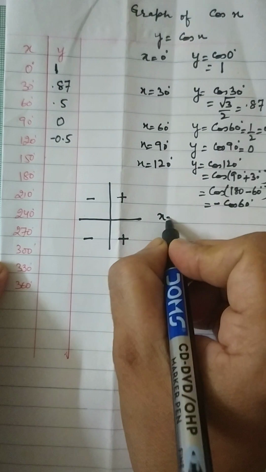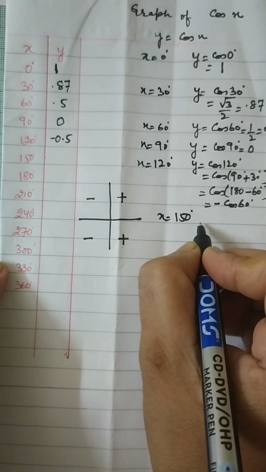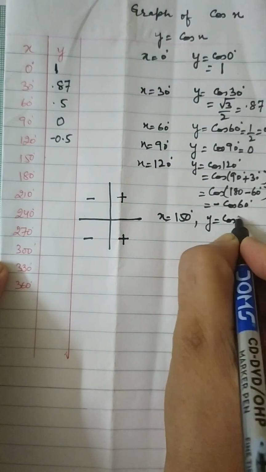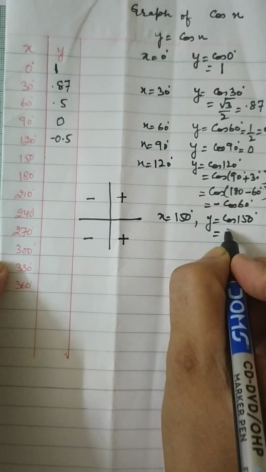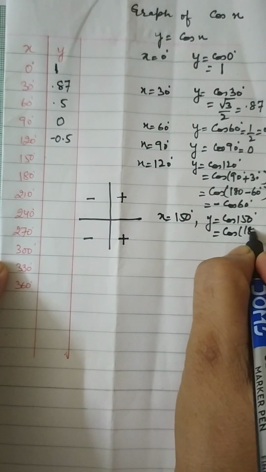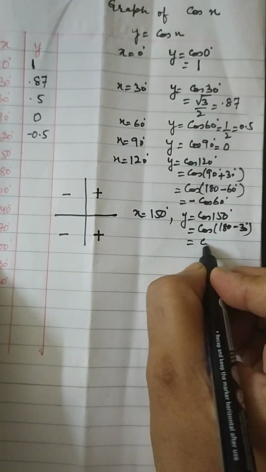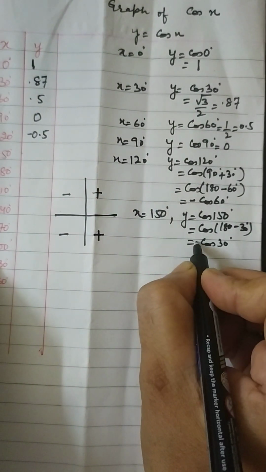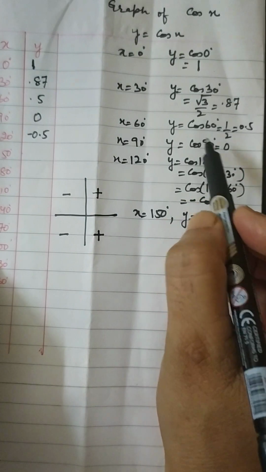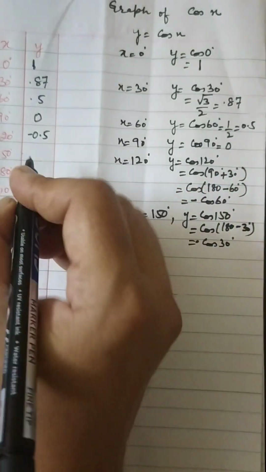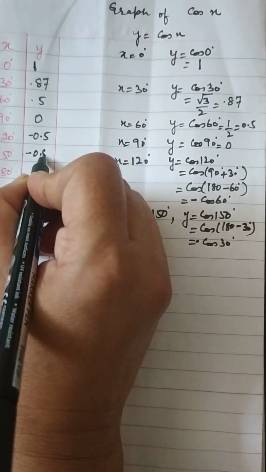Then let us take x equal to 150 degree, then y is equal to cos 150, which is cos 180 minus 30. So this is cos 30 with minus sign, and cos 30 is 0.87, so minus 0.87.